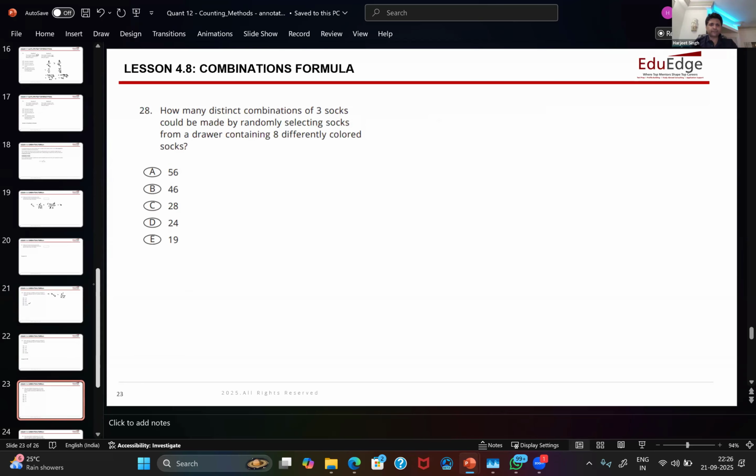Okay. Next, how many distinct combinations of 3 socks could be made by randomly selecting socks from a drawer containing 8 differently colored socks? Clearly, it's combinations that's given already. Out of 8, you need to select 3.